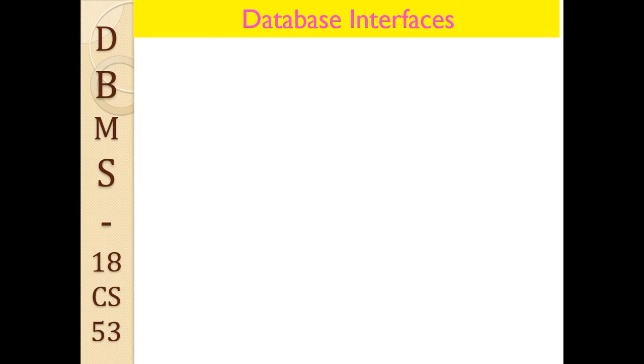Here the user can view and access the data from the database without knowing the detailed description of the data, like what logic is used behind the data, what the data type is, which type of data model is used to store the data, which type of file structures, and which type of hardware device is used to store the data. So without having knowledge about that, users are able to view the data.